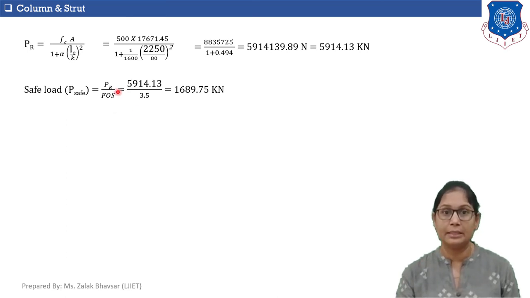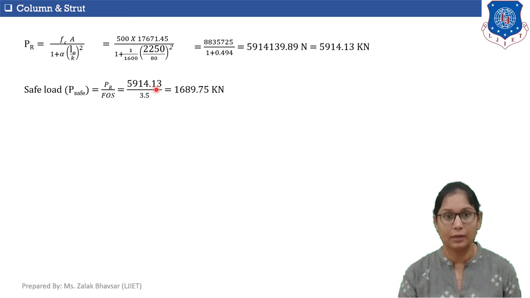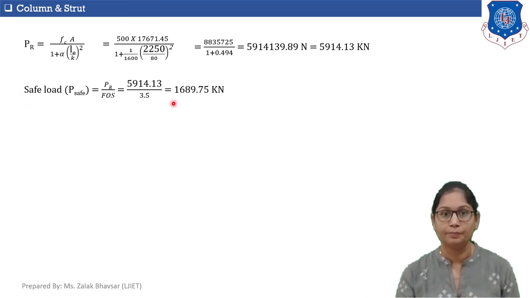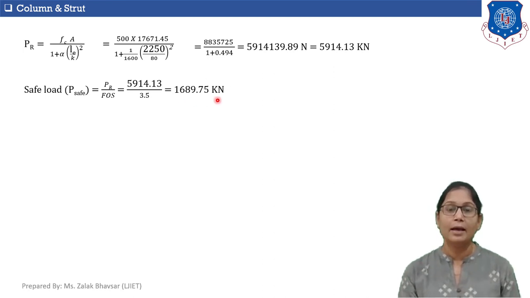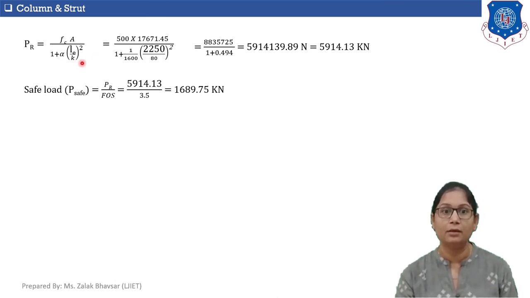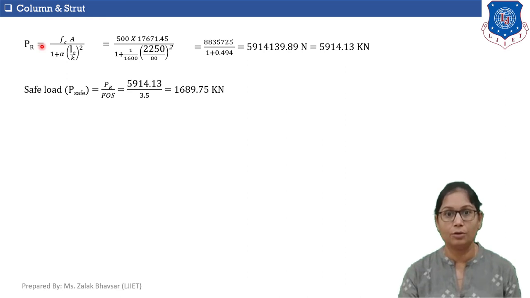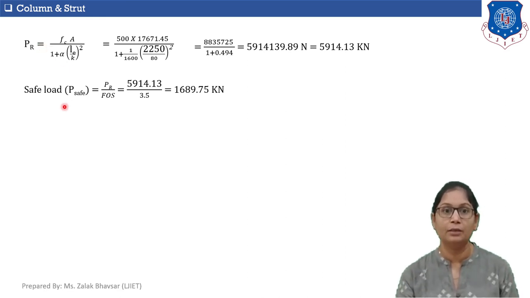Factor of safety is given, which is 3.5, and PR, as we calculated, is 5,914.30. So I am getting safe load is equal to 1689.75 kilonewton. So as given in the data, we have calculated both the loads, Rankine load PR and safe load.